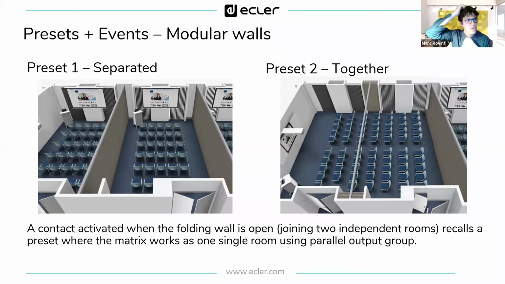I will create a digital event that says when GPI 1 is active, I want to recall this preset because my audio configuration is different, and of course I will be using the parallel output groups feature, so all the loudspeakers work together as one room.